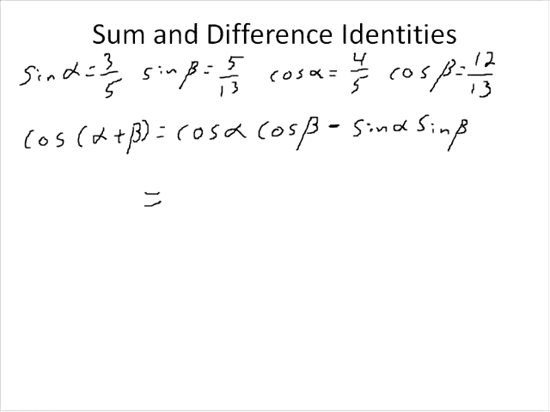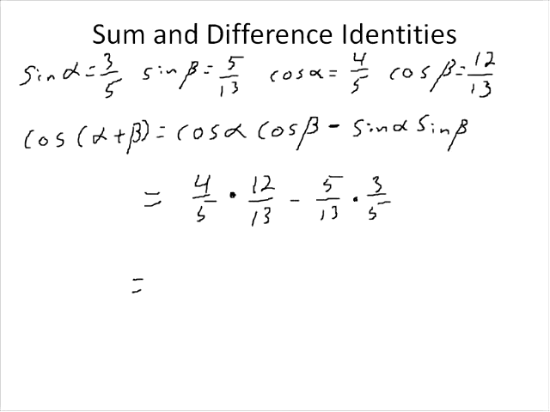And again, I'm just going to fill in what I know. Cosine alpha is 4/5. Cosine beta is 12/13. So I multiply those two together. Minus sine alpha is 5/13 times, I'm sorry, not sine beta, but times sine alpha, which is 3/5.